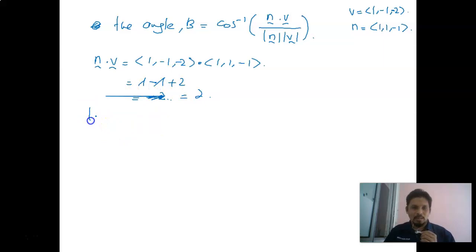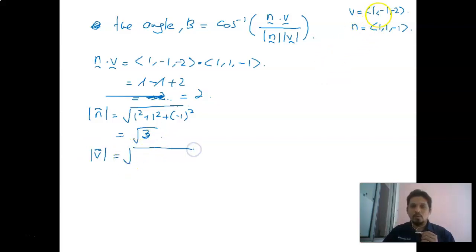Okay, and then the absolute value of n, the norm of n, equal to square root of 1 square plus 1 square plus negative 1 square equal to square root of 3. And then the absolute value of v, the v is 1, negative 1, negative 2.